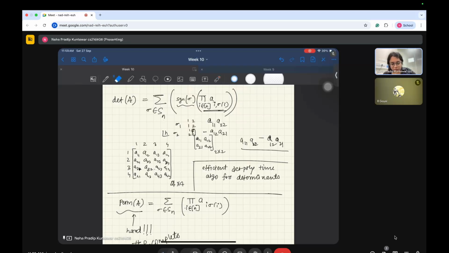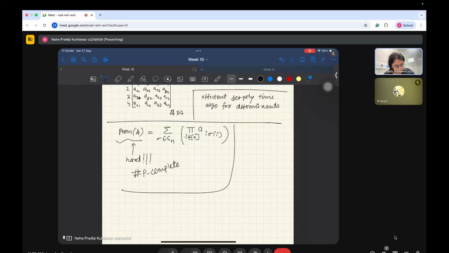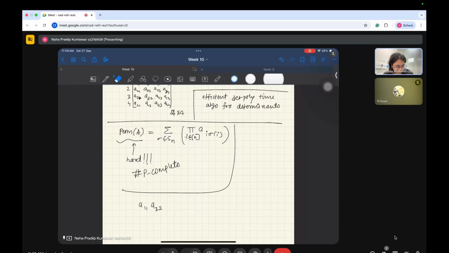So for example, if I look at two terms, I'll just take a small example. 1 goes to 2, 2 goes to 1, 3 goes to 4, and 4 goes to 3, versus 1 goes to 2, 2 goes to 1, 3 goes to 3, and 4 goes to 4.